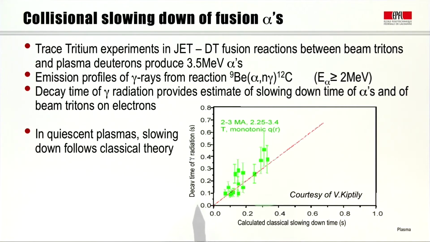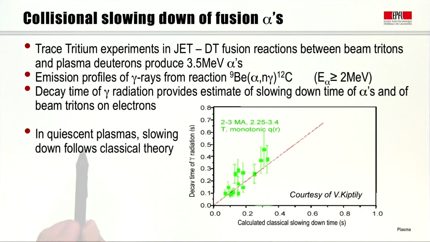And that's what we see in this plot. This is, in the vertical direction, the decay time of the gamma radiation as a function of the calculated slowing down time according to classical theory. And we see that in a situation in which we have a few megaampere of current in the JET tokamak, and the magnetic field between 2.2 and 3.5 Tesla, around that, we have a very good correspondence between the two characteristic times.